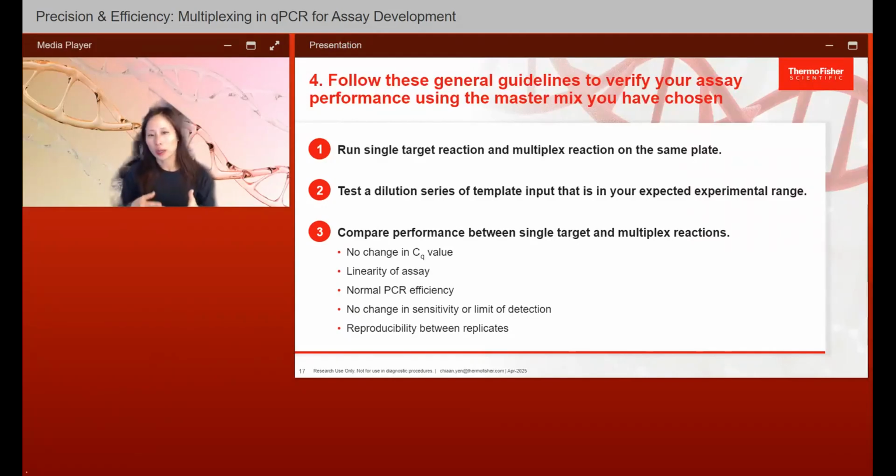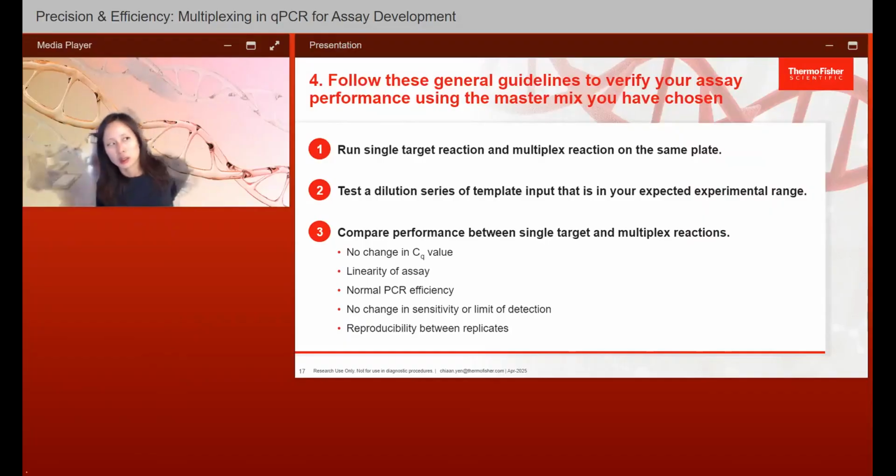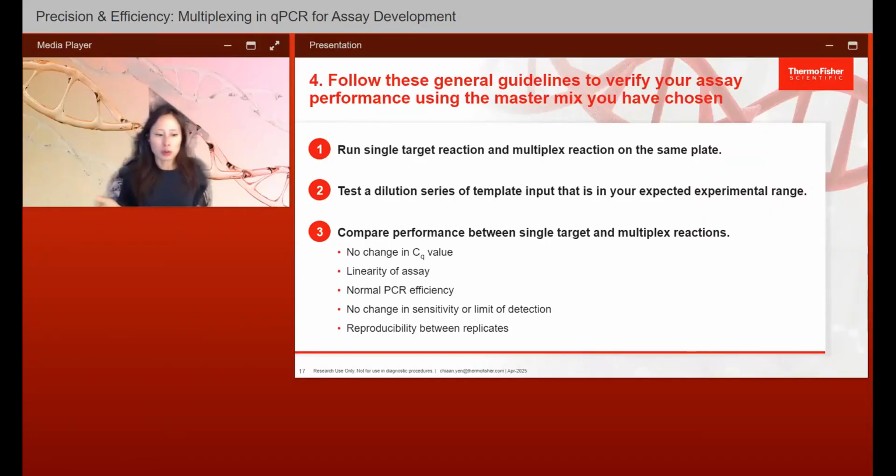And ideally, you want to test a dilution series of template input that is in your expected range. Depending on the sample type, for example, cell-free DNA would typically be lower in concentration, so you want to know the expected input.